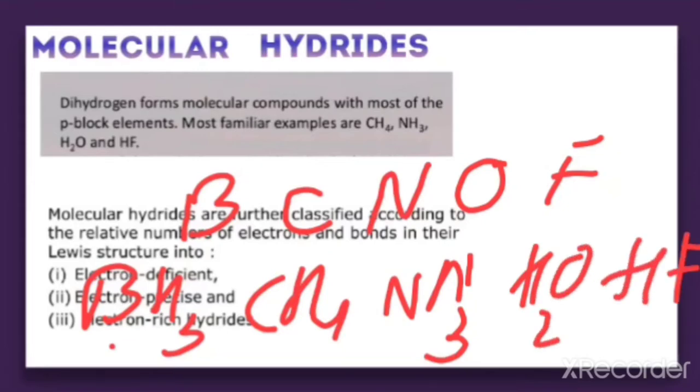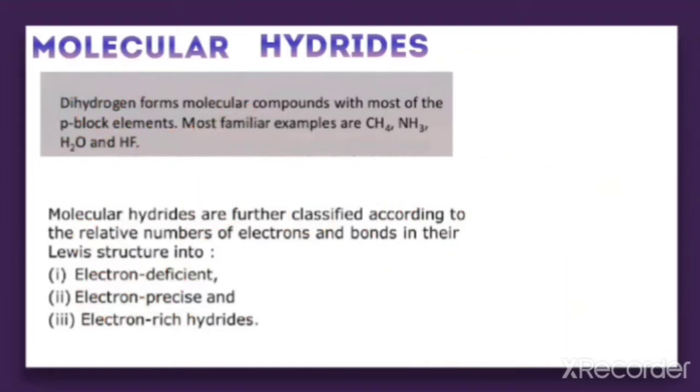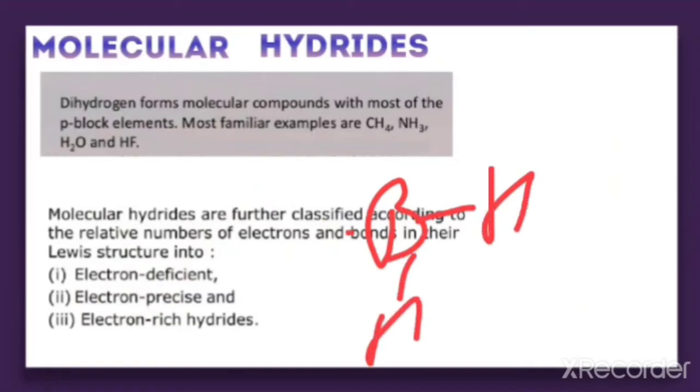When you make the Lewis structure for BH3, it is seen that there is an incomplete octet. As we have learned, this is one of the examples of the limitation of the Lewis structure.